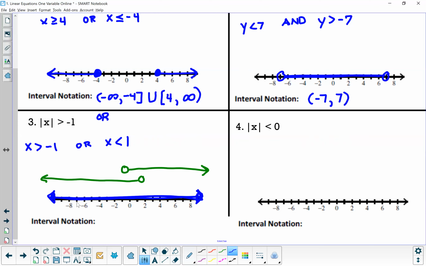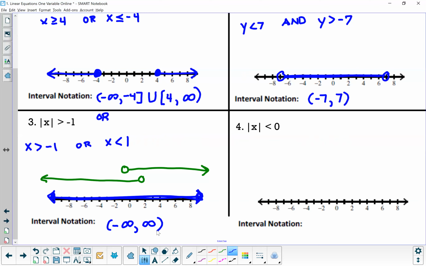So regardless of what number you pick on the number line, it's going to be a solution here. So our interval is going to be from parenthesis negative infinity, comma, infinity, close parenthesis. All right, so that one you have to think through. Do your scratch work, put your graphs together if it's or.